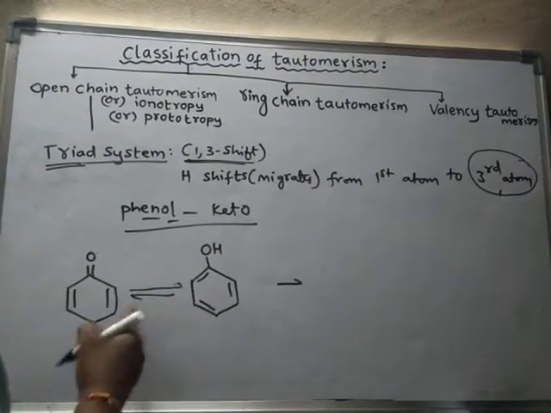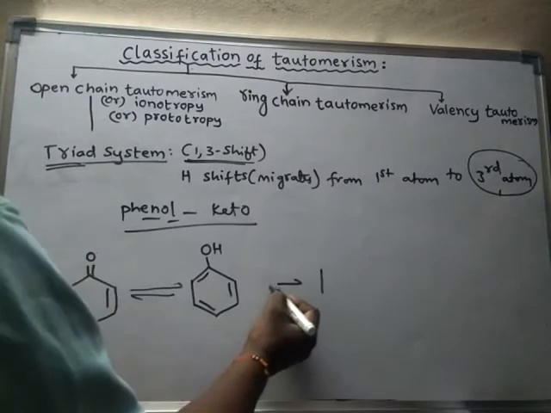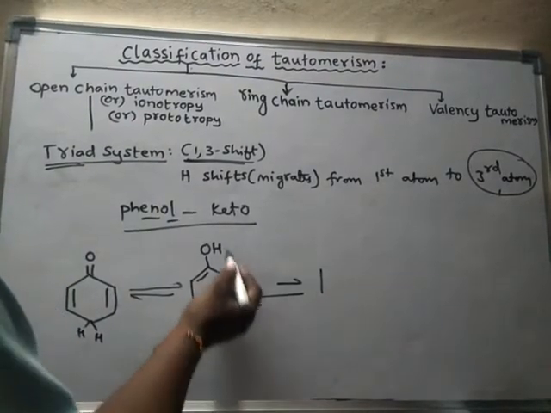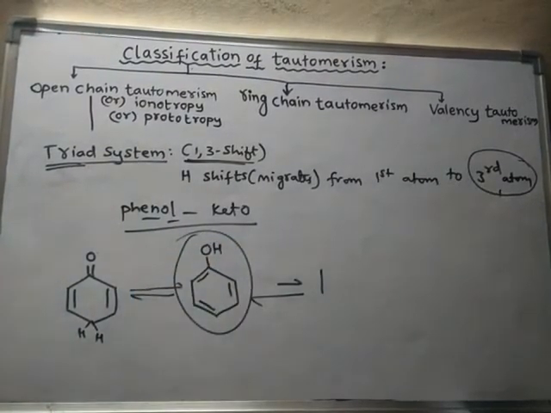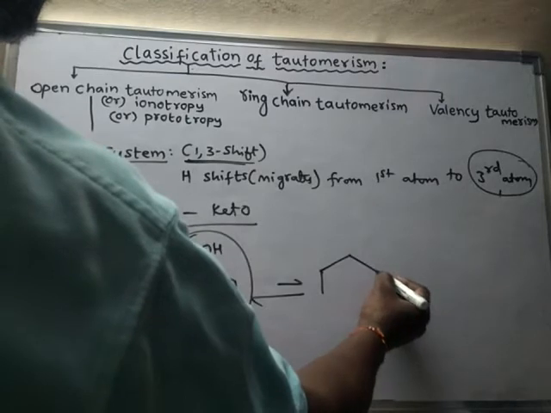See, look here. Two structures are formed. Two structures are possible. This phenol is in tautomerism with two structures. Okay, what are those two structures?